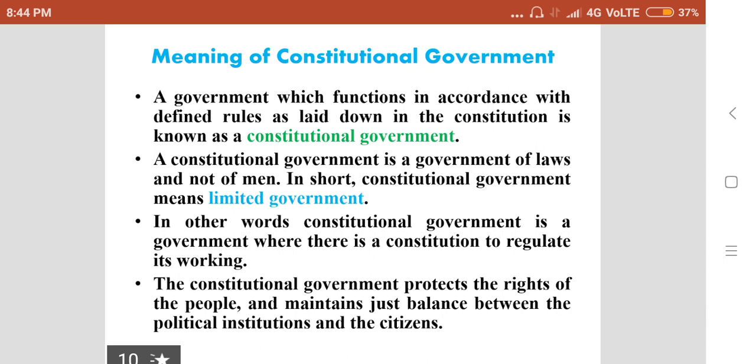In other words, constitutional government is a government where there is a constitution to regulate its working. Constitutional government protects the rights of the people and maintains just balance between the political institutions and citizens.